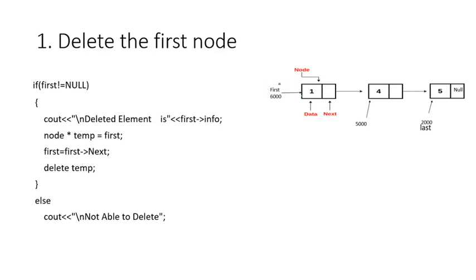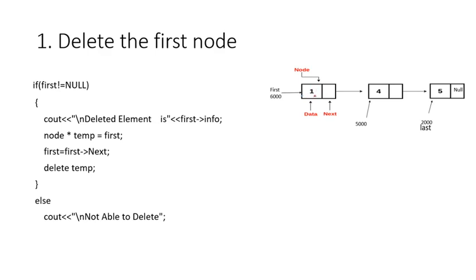If first is not null, then we need to delete this node from the list. We will first display the data of the node which we are deleting: display the deleted element is first arrow data. First arrow data over here is 1.